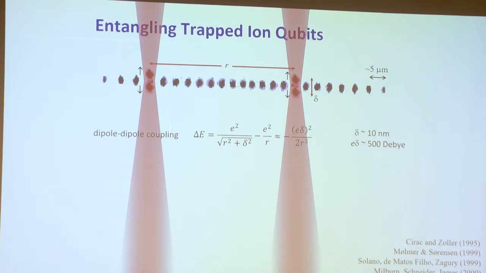And you can calculate that defect in energy along that diagonal. This delta here is only 10 nanometers or something. But it's a sizable effect to give rise to an effective electric dipole. And it looks like an electric dipole. We have a charge that's smeared out in two places in general, so it's sort of an electric dipole. And there's a dipole-dipole interaction. It falls off like 1 over r cubed.